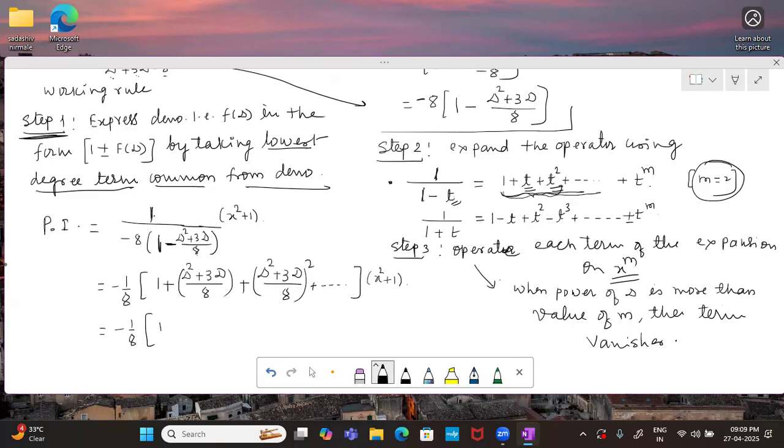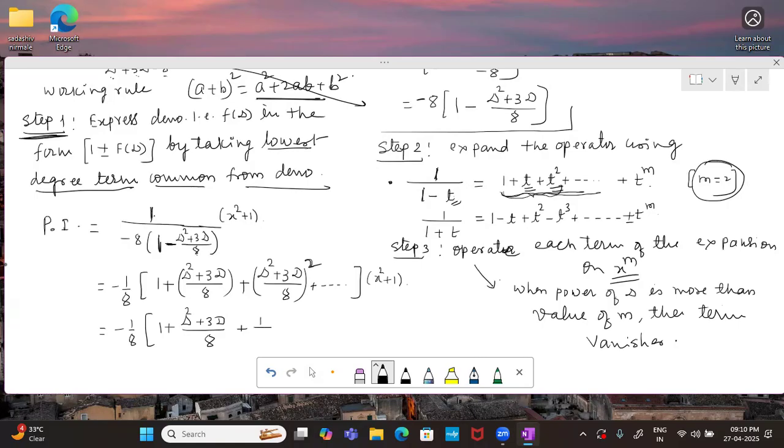See here, 1. Keep d square as it is, 3d also as it is, divided by 8. But here there is a square. So use binomial formula, a plus b whole square, and expand that one. What is a plus b whole square? A square plus 2ab plus b square. That is a formula, expansion formula. So just use that formula here.